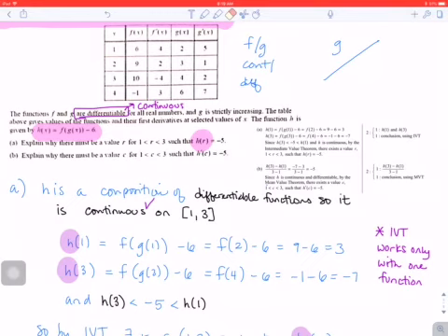Then we talked about we want to evaluate each of those functions at those points. So to evaluate that, we have to use this long composition with the -6. Just write it down, plug in your numbers, take it one step at a time, show your work neatly. We end up with 3 for h of 1 and -7 for h of 3.